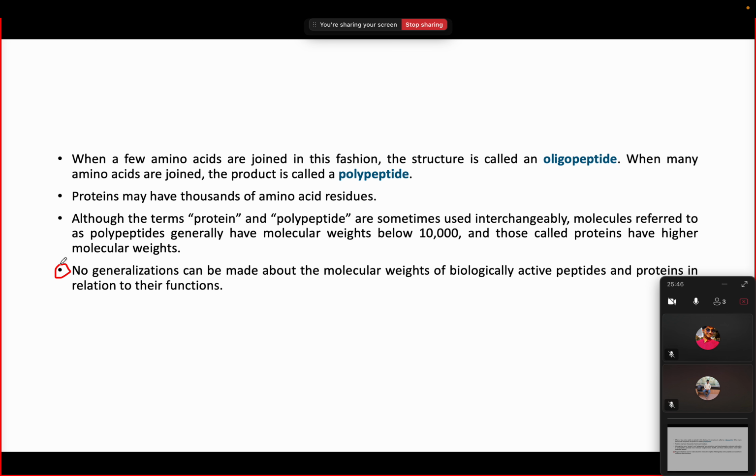There can be small proteins which have functions associated with them that are very important for the survival of the cell or the organism. On the other hand, peptides and proteins are terms which are used interchangeably, but for you, a basic classification between peptide and protein is that any peptide which has more than 100 residues will be termed a protein.